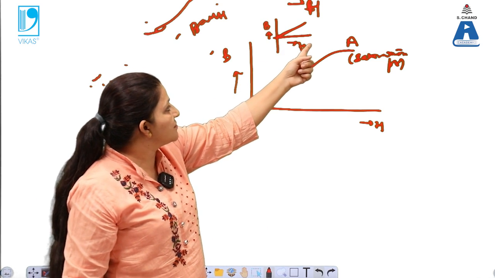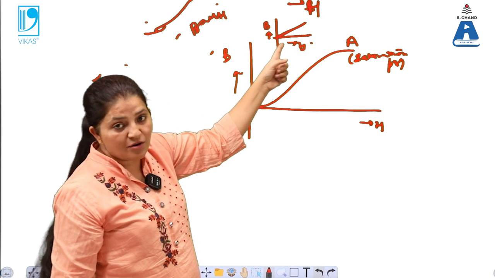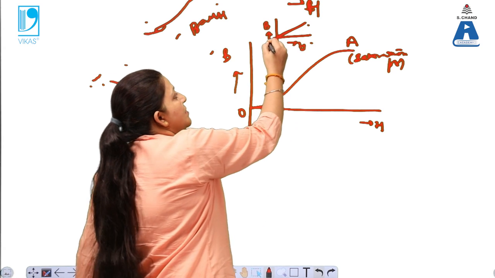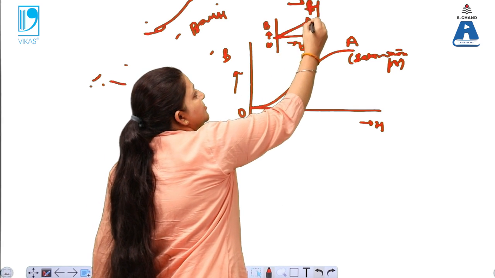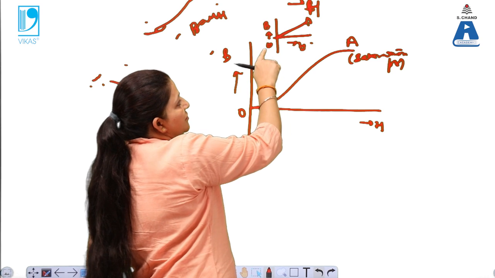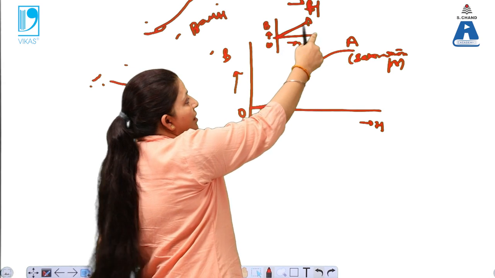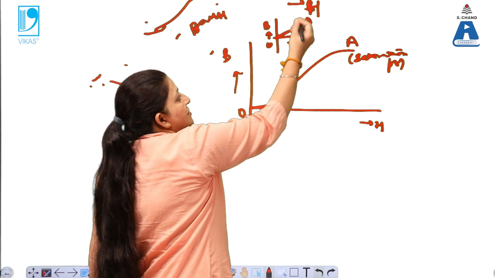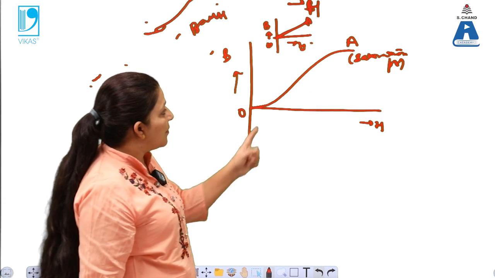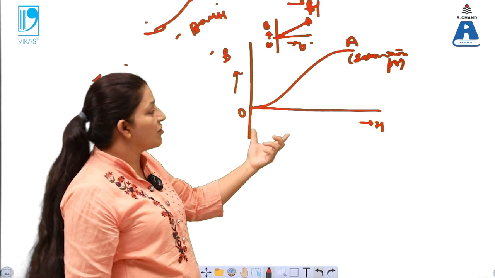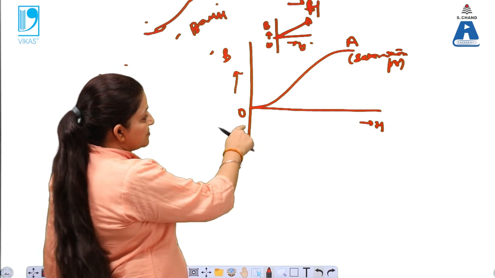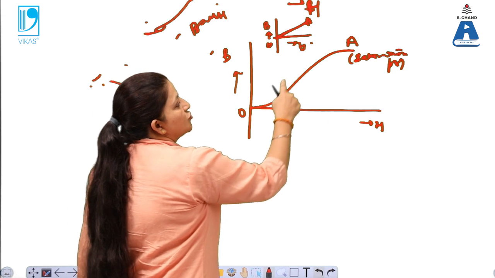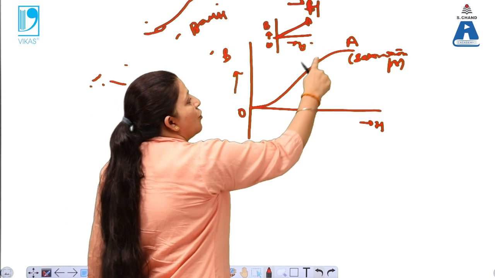Now if you decrease H along the negative x-axis, then B should follow the same path, AO. But in case of ferromagnetic material, or in case of a transformer, as H increases, B increases, and the path followed is OA.